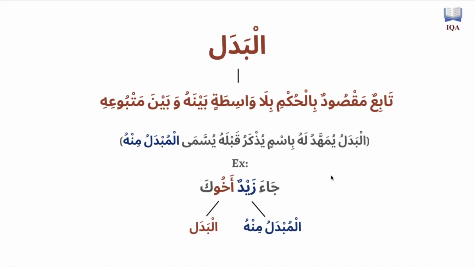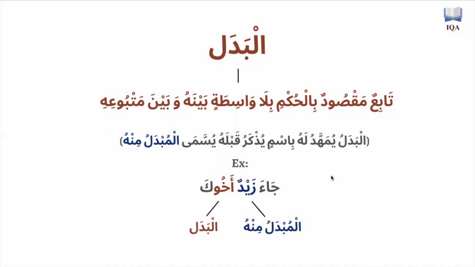For example, if I say جاء زيد أخوك, this would be translated as Zayd came, your brother. When I said جاء زيد, there's a lot of different Zayds, so which Zayd are you talking about? أخوك, your brother. What I'm really trying to say here is that your brother came.